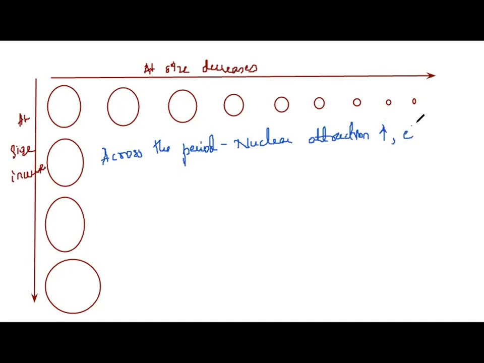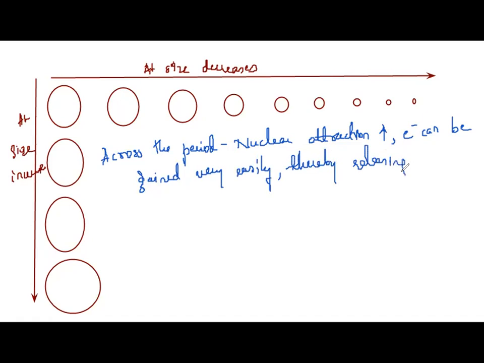Therefore, the electron can be gained very easily, thereby releasing a large amount of energy.